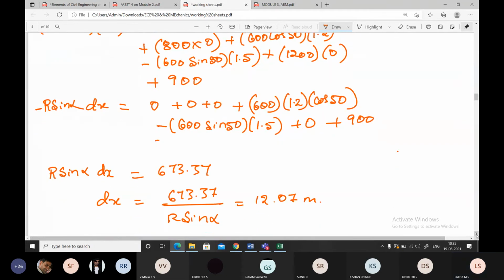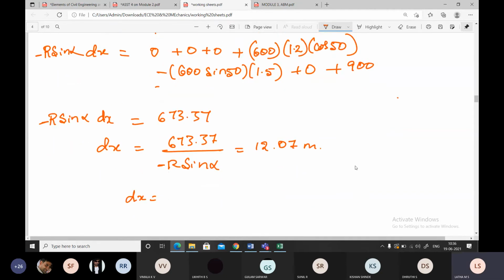Then give me the calculated value correctly. Don't give me varying answers. Do you have a minus value or positive value here? Tell me, students.